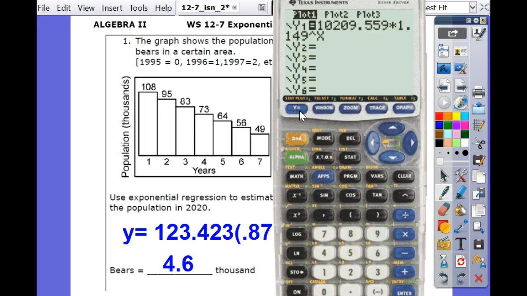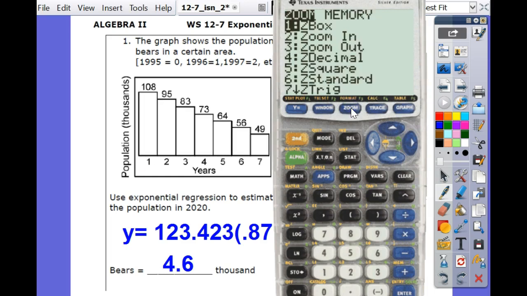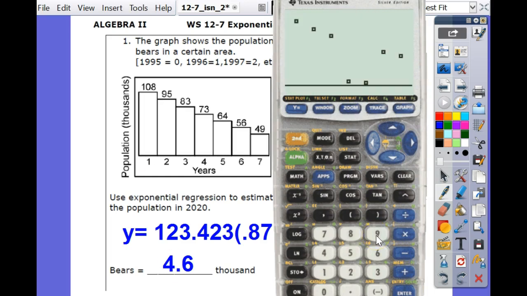You don't have to do that on every single problem. If the plot is highlighted in the y equals screen, the stat is turned on, you will see the points plotted. So if I push Zoom 9, it's going to graph those problems.